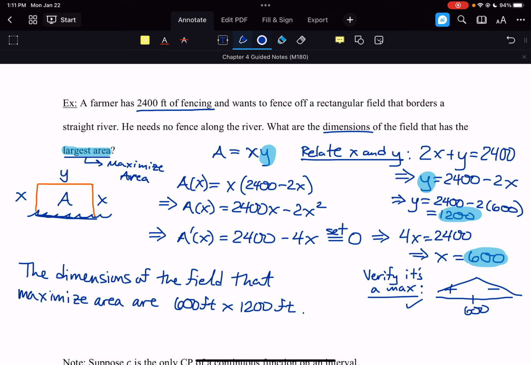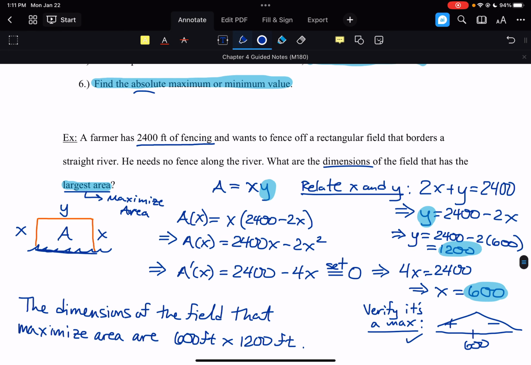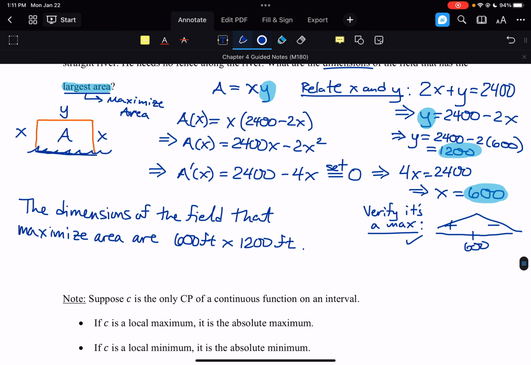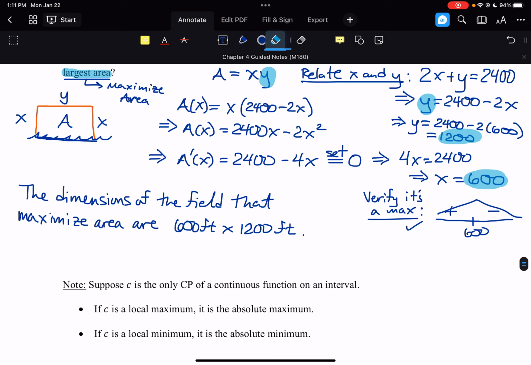Now, in this process we are trying to find absolute max and min values for these functions. And the process we went through just involved finding a local maximum. But the nice thing about these types of problems, and there's this little blurb down here at the bottom, is if we suppose that C is the only critical point of a continuous function on an interval, if C is a local maximum, it is the absolute maximum.